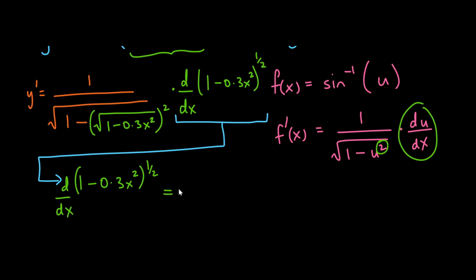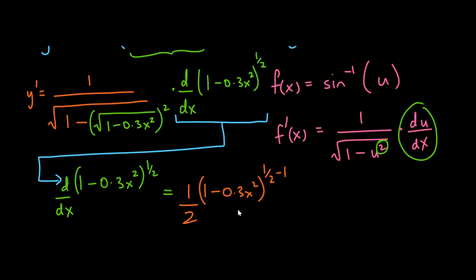How do we do this? Well, you may notice that because it's raised to half, we'd have to use the power rule. But because there's a function inside, namely x squared, we'd have to use a chain rule again. So this is what we do. We will first write 1 minus 0.3x squared, and now we use a power rule, so we subtract 1 from the power and write the initial half as a fraction outside.